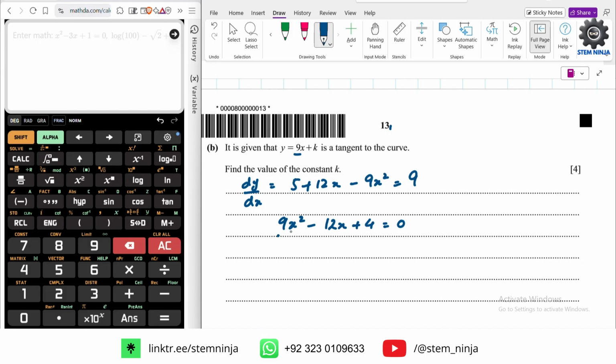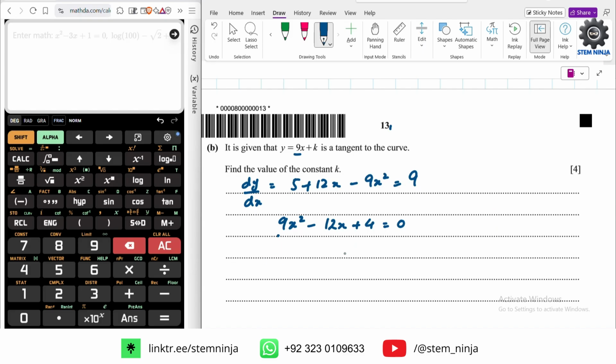Now 9x squared and 4 are both squares of 3x and 2. Okay, we can see that.